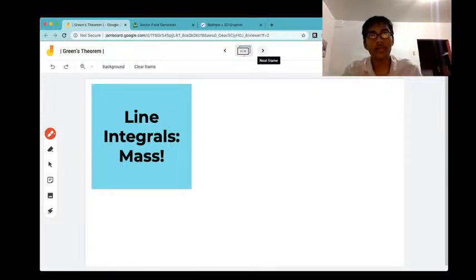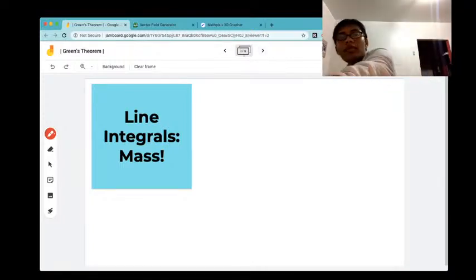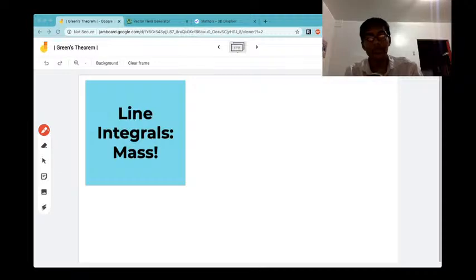So, line integrals, math. How do we connect those two concepts? Well, let's say you've got a ball. I've got a ball right here. Hopefully everyone can see it. Now, I want to find the mass of my ball. My ball may or may not have uniform density.